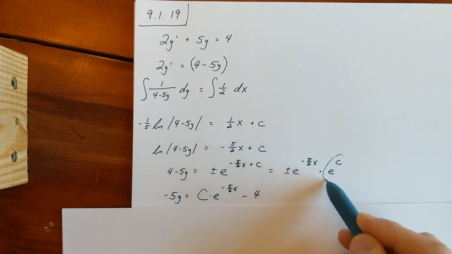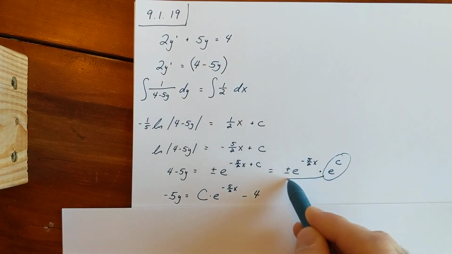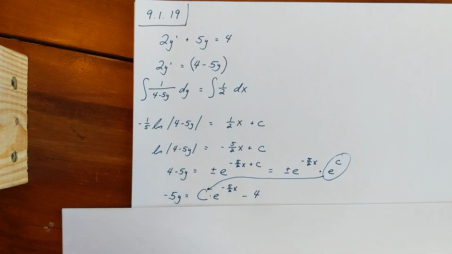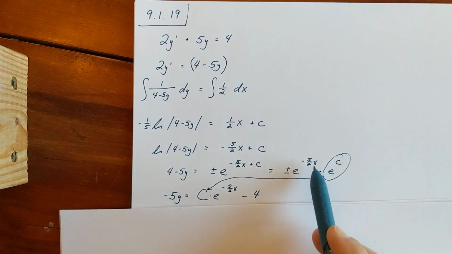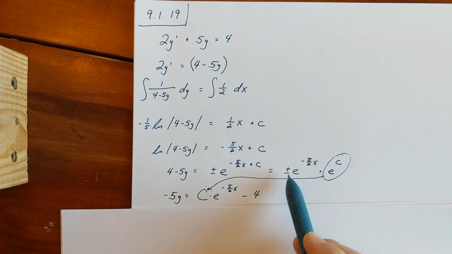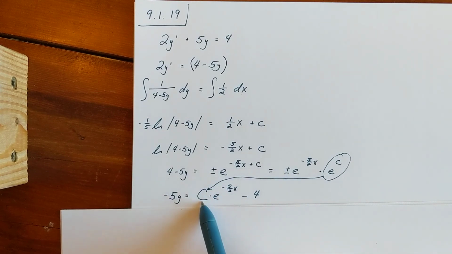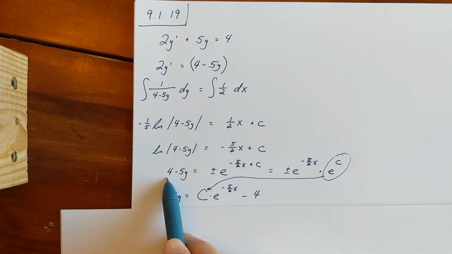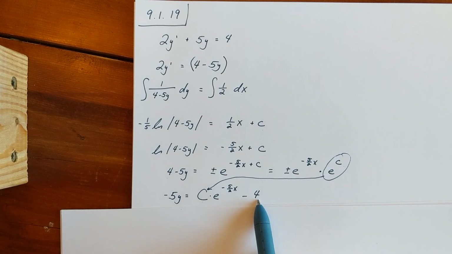And since this factor right here simply becomes a constant, that came out in front. The plus or minus e to the negative 5/2 x, well, there's the e to the negative 5/2 x, but the plus or minus is irrelevant because we have a constant in front of it, which could be either positive or negative. And that 4 that was out in front on the left side now becomes a minus 5 at the end.